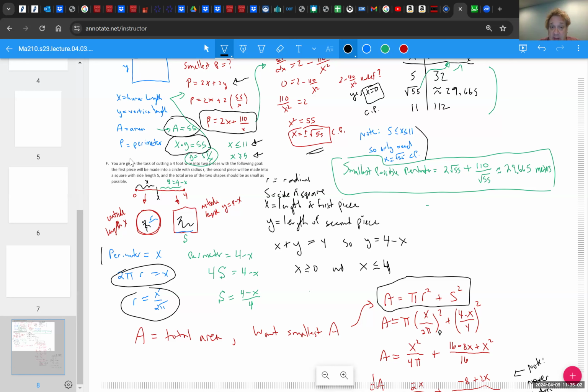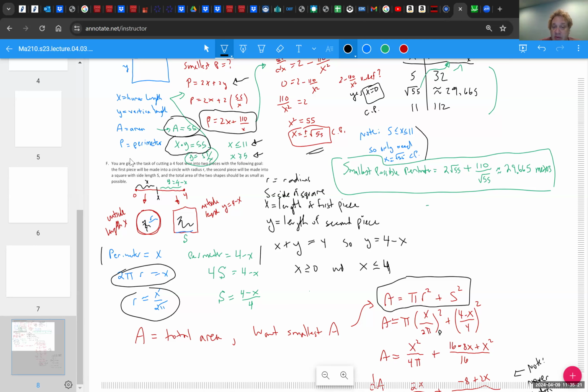Similarly, we can get an equation involving s. So the second piece of the wire, which was 4 minus x, was bent into a square. So the perimeter of the square has to have a total length of 4 minus x, because that's how much wire we used.